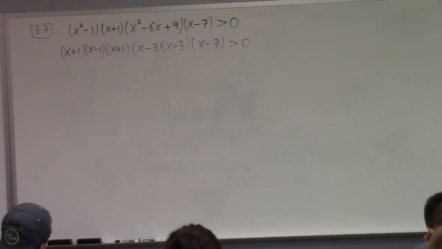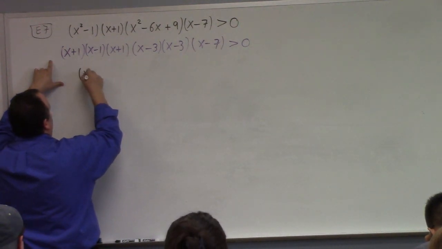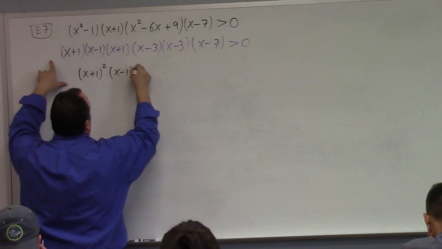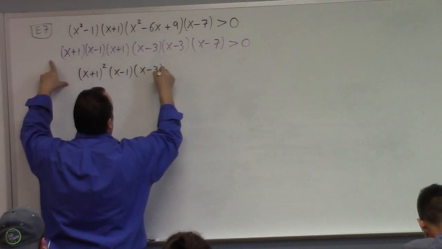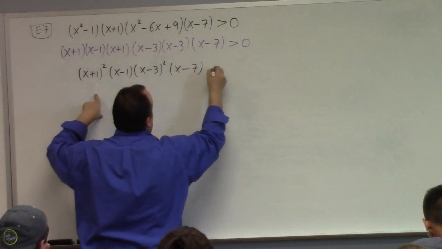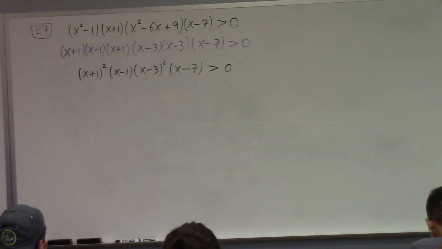So we have (x plus 1) squared times (x minus 1) times (x minus 3) squared times (x minus 7). We're solving that greater than 0. All right, what are my critical numbers?